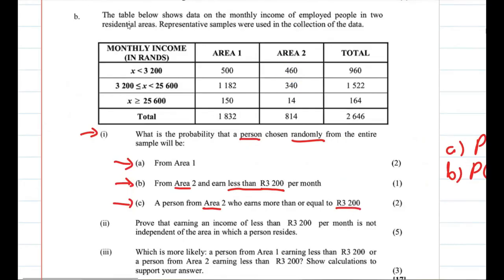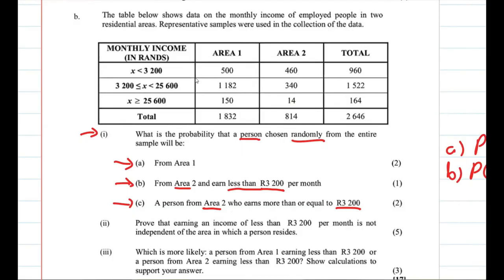So same thing. They're saying area 2, so we draw a line straight through here. But they're talking about "or." Okay, that's very important. So think about it this way: more than or equal to 3,200.